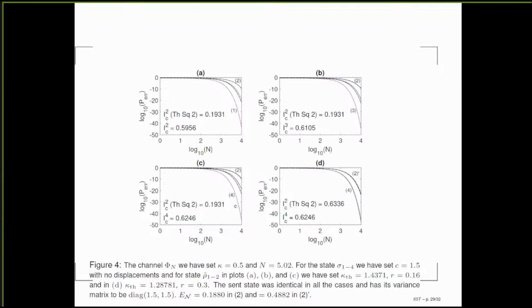So for example, not only these two, 3 is also able to outperform 2, 1 is also able to outperform 2. The entanglement in 2 is 0.1880. However, in 2 prime, you increase entanglement, you increase negativity.